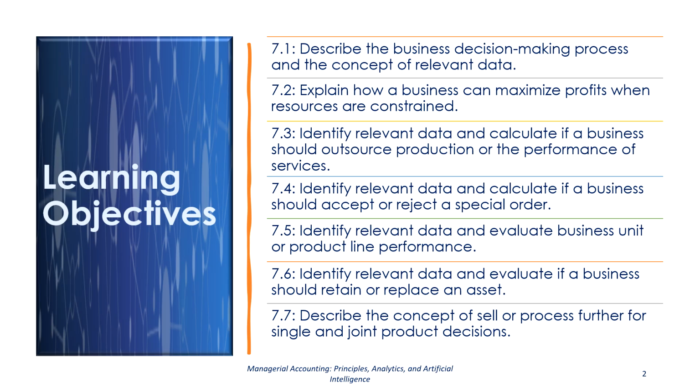Identify relevant data and evaluate business unit or product line performance. Identify relevant data and evaluate if a business should retain or replace an asset. And finally, describe the concept of sell or process further for single or joint product decisions.